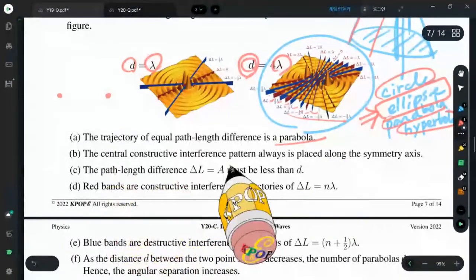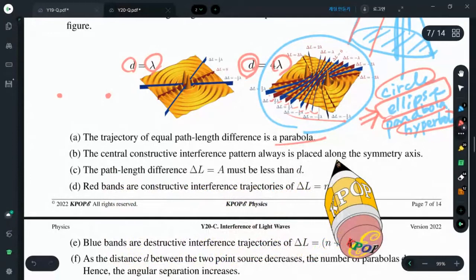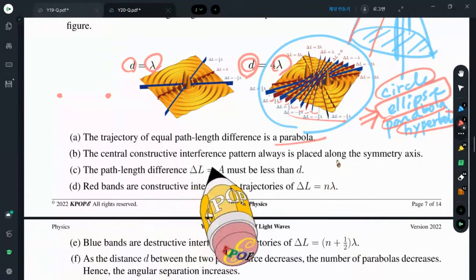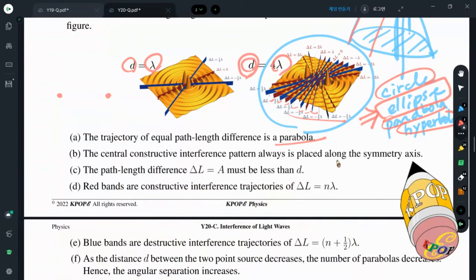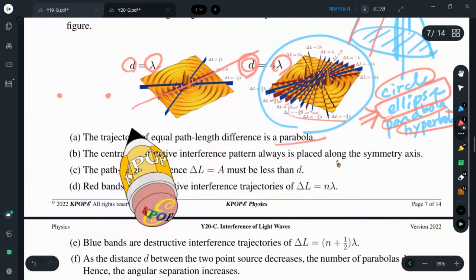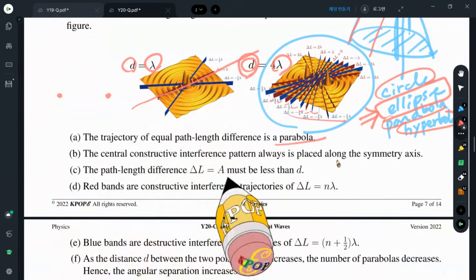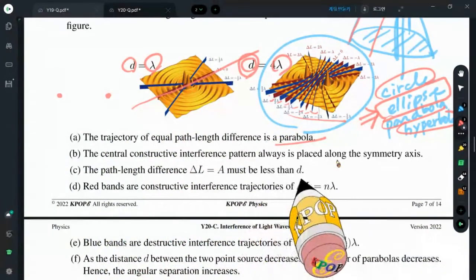The central constructive interference pattern is always placed along the symmetry axis, the central straight line. Path length difference must be less than d.